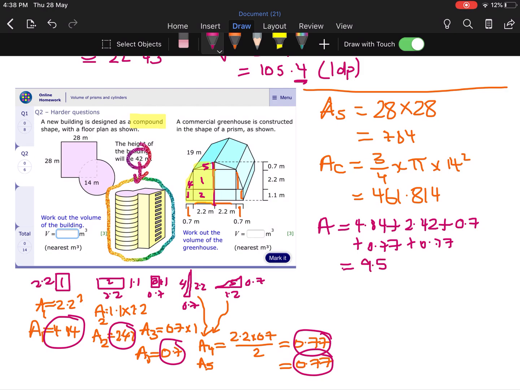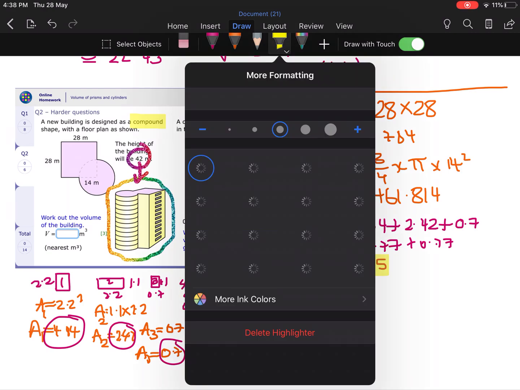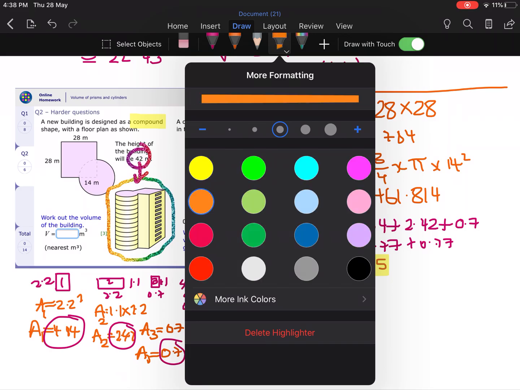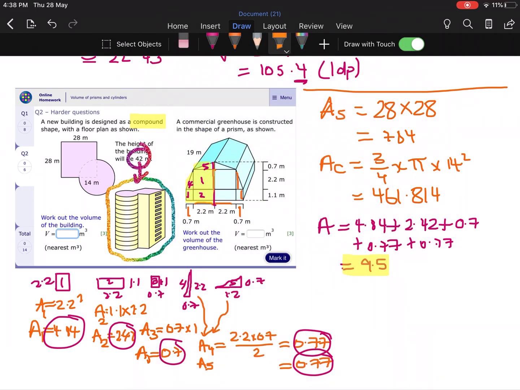So 9.5 is the yellow shaded area, but I want to work out the whole area. So if I highlight in orange the whole, it's going to be all of this. Now the left hand side is equal to right hand side, so I just need to times this by 2. So area total is equal to 9.5 times 2, which is going to be 19 meters squared.